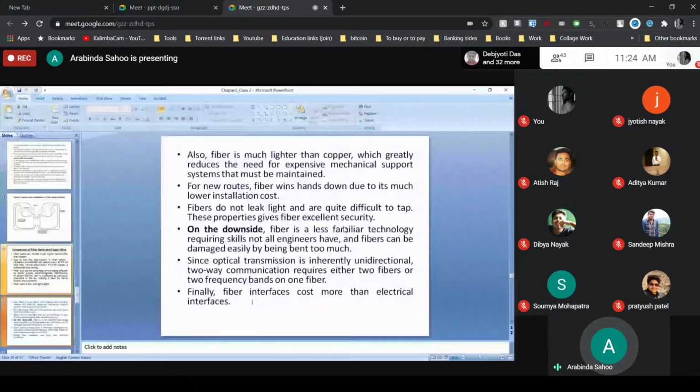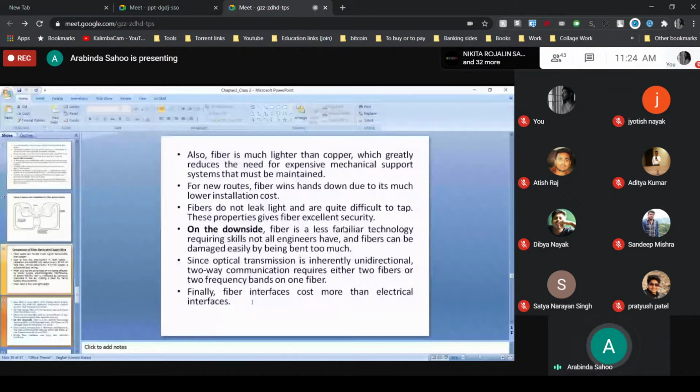As it is lightweight, the mechanical support system during transmission is less costly as compared to your copper wire. The cost associated with the mechanical support system to hold this fiber optics is less as compared to your copper wire. So this is another advantage.